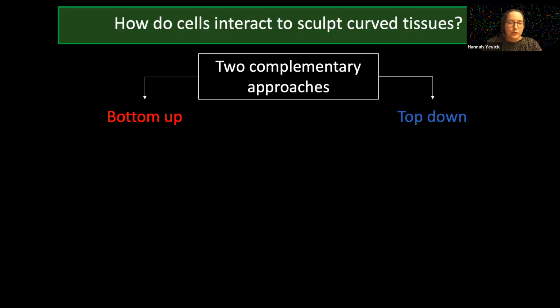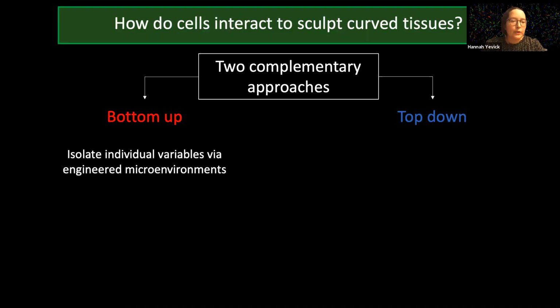And so there are two different strategies that you can imagine. One would be a bottom-up approach, where you can isolate individual variables in a system, for example, using engineered microenvironments. So for example, if you want to understand how population size or the number of cells in your tissue impacts the way they coordinate, you can put a certain number of cells inside a dish and then scale up and see how that one variable impacts collective or emergent properties.